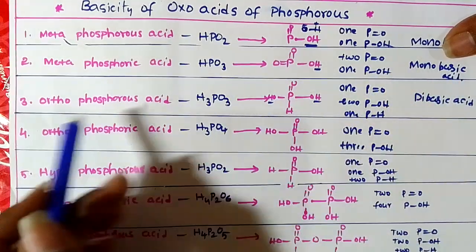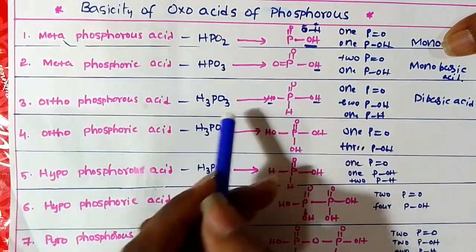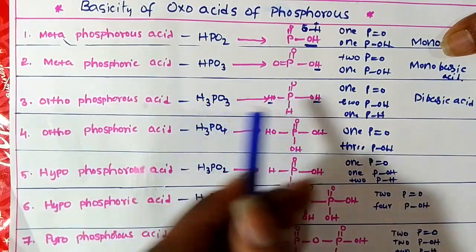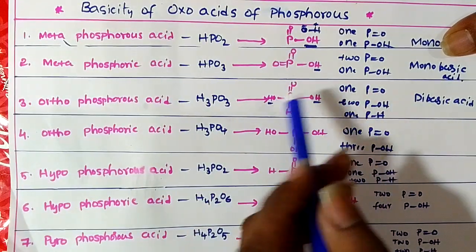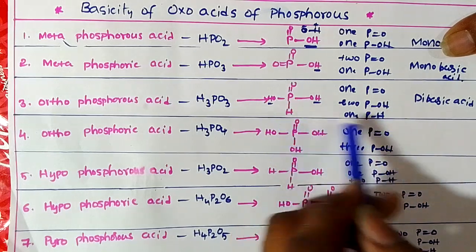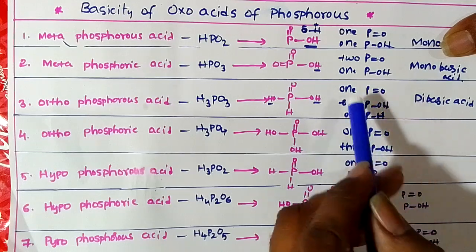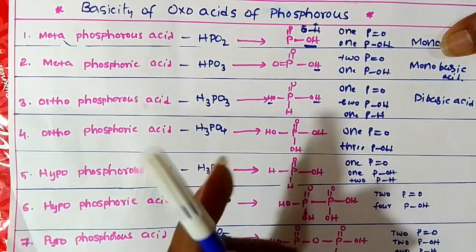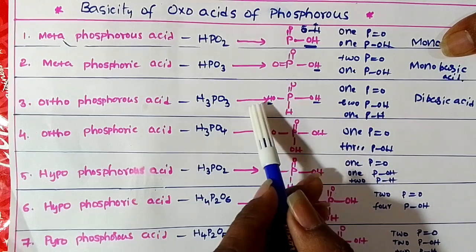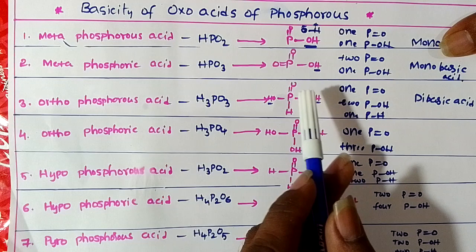Now coming to orthophosphorous acid. The formula is H3PO3 and the structure is like this, and it contains one P=O group, two P-OH groups and one P-H group. Due to the presence of two P-OH groups, it contains two acidic hydrogens. These are ionizable, and these two hydrogens can be replaced with a base.